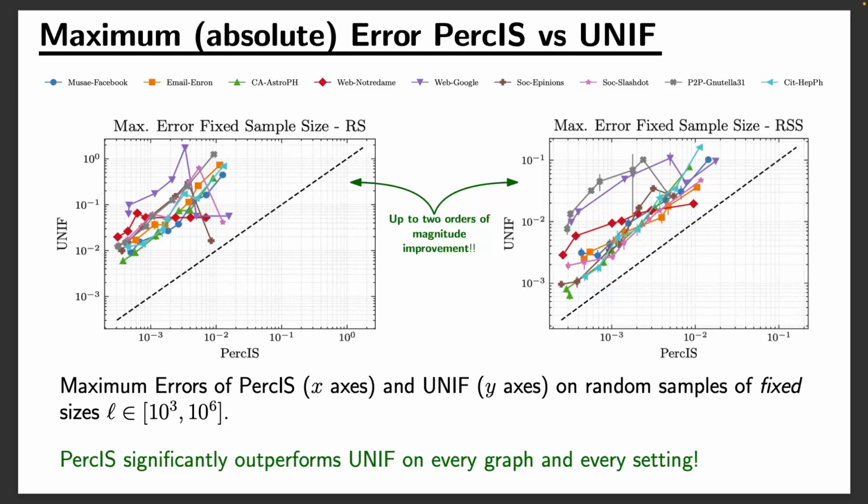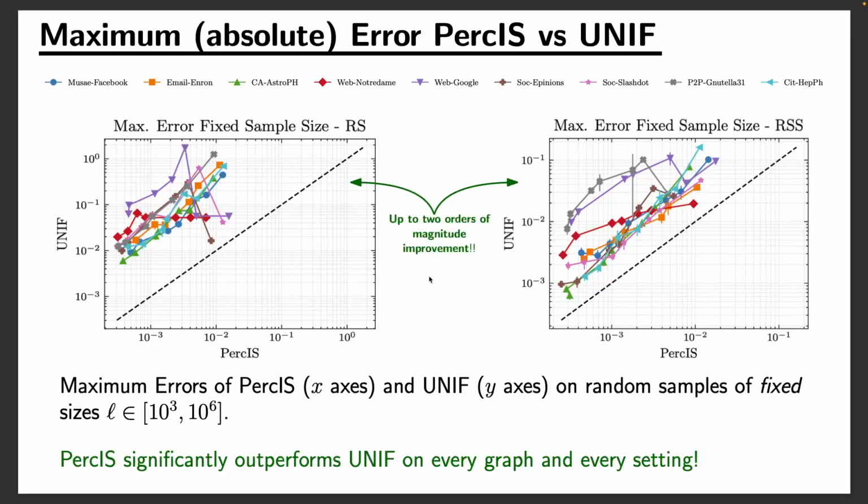Next, we show the performances of PURCHASE versus uniform in terms of maximum absolute error. And here, for these experiments, we use a fixed sample size that varies from 10 to the third to 10 to the sixth. On the x-axis, we show the maximum absolute error for PURCHASE, and on the y-axis, we show the maximum absolute error for the uniform sampling approach.